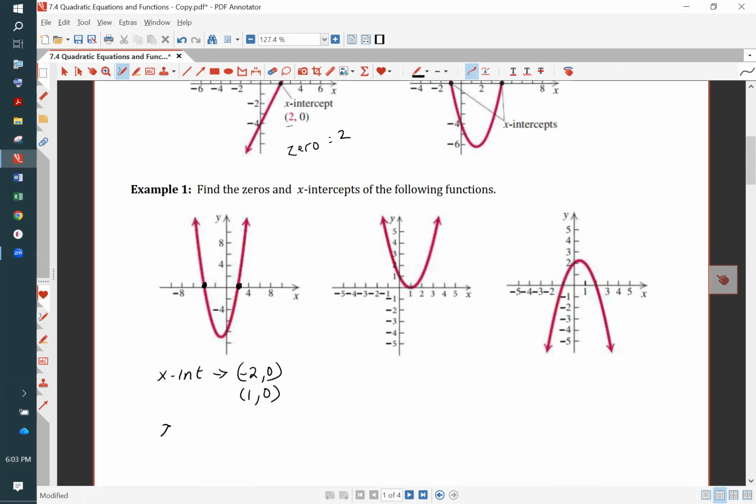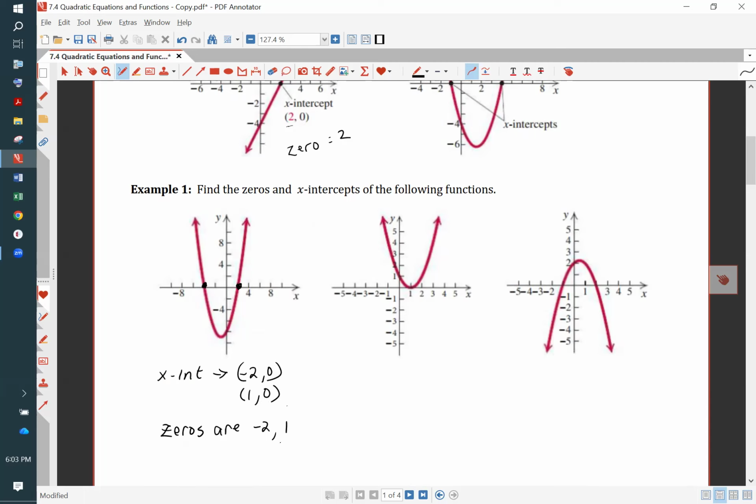And the zeros are -2 and 1. Okay, so at your homework, when you're asked for the x-intercepts, they want the whole point. If they're asking you for zeros, they just want that first coordinate.